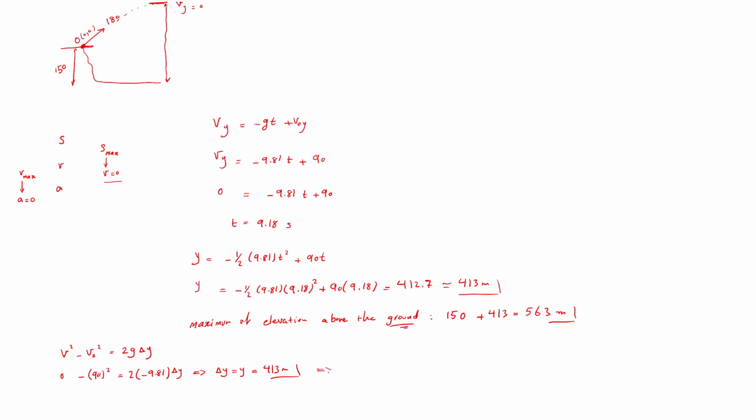So again, the maximum elevation above the ground is 413 plus 150, the height of the cliff, which is 563 meters. As you can see, you can choose one of these solutions, but finally you get the same answer.